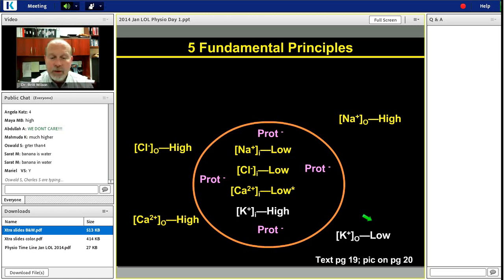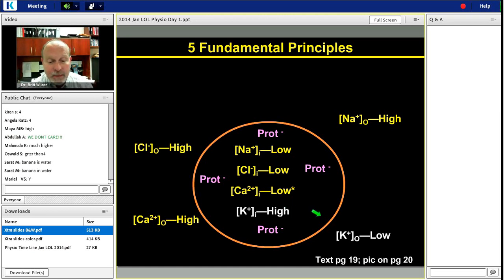You don't have to know intracellular concentrations. Forget it. It's not important. It's totally unimportant. But you do need to know the concentration gradients. So there's a concentration gradient for sodium to diffuse in, chloride to diffuse in, calcium to diffuse in. That doesn't mean they can, but that's the gradient.